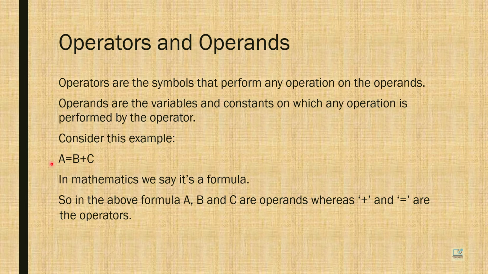This is addition exactly, and the result of that will be stored in the variable A. So equal to is giving the sum to the variable A. Equal to and plus, these two are the operators in this example, and A, B, C are the operands.